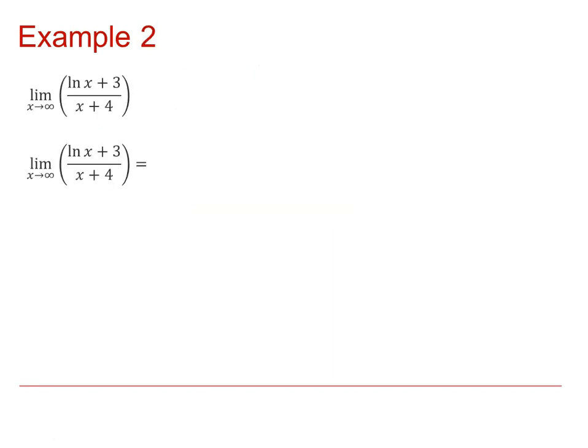In the second example then, again just checking that both the numerator and the denominator, this time as x approaches infinity, both of those approach infinity. So we know that log x plus 3 approaches infinity and x plus 4 also tends to infinity, so that we can use L'Hopital's rule and say that the limit of the functions must be equal to the limit as x approaches infinity of their derivatives.